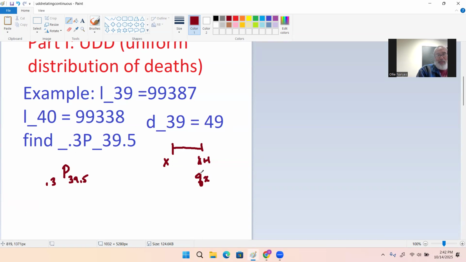And what this assumes is that, let's say you have a set number, l sub x, of lives here, and you'll have fewer of them up here, the total number of deaths, which is basically the difference in the number of lives you have at the start of the period versus the number of lives you have at the end of the period, these deaths are distributed uniformly throughout this interval.